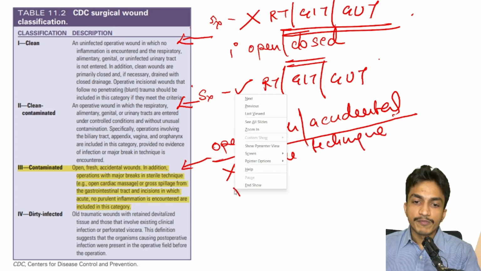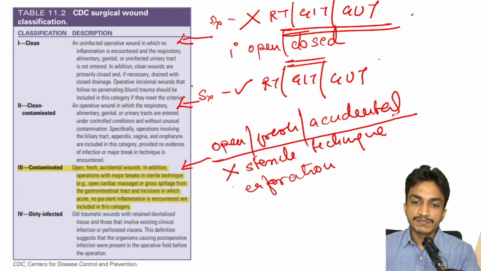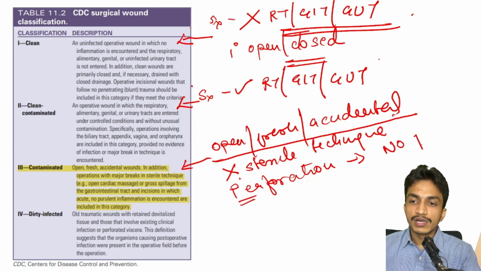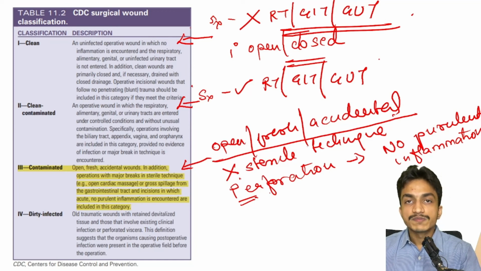or we have operated in a patient who is having intestinal perforation, so there is spillage of the intestinal content, but other than that, there is no purulent inflammation which is encountered. Perforation is there, so there is gross spillage of the GIT, but there is no purulent inflammation involved, then it is contaminated.